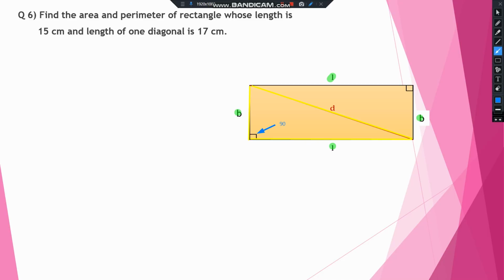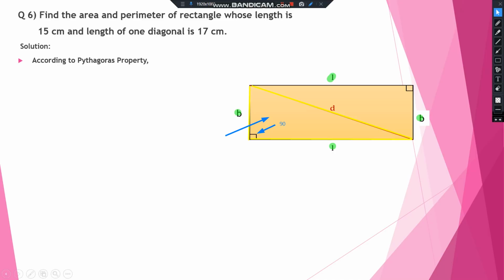So we have this right triangle, and we can apply Pythagoras property to this triangle. So let's write according to Pythagoras property.